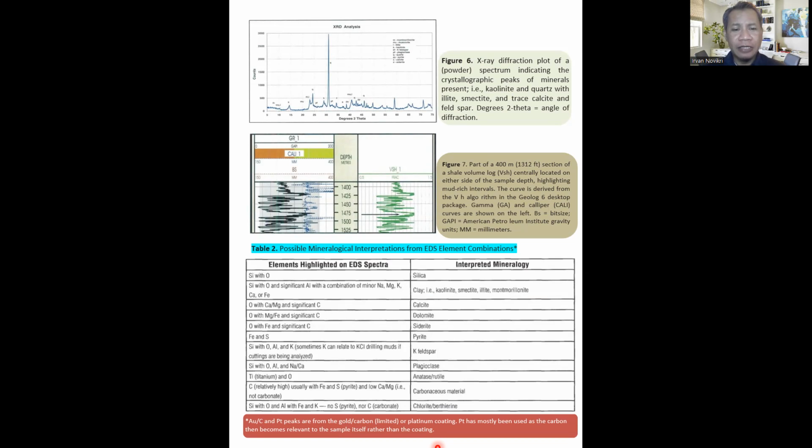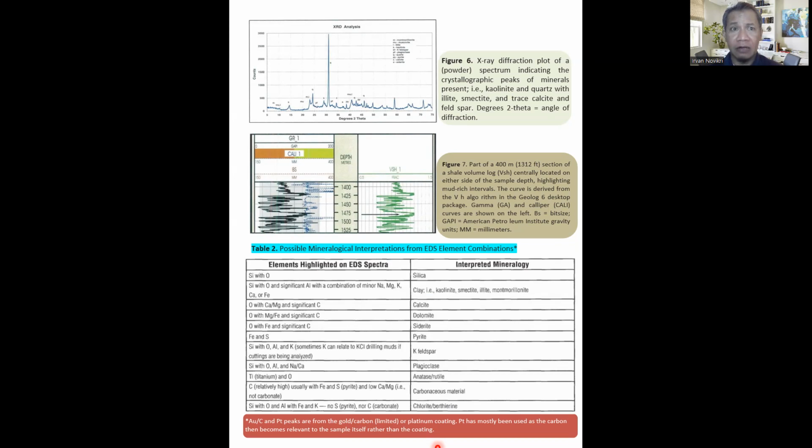The next table at the bottom provides a possible interpretation of mineralogy based on a combination of the elements highlighted in the energy dispersive X-ray spectroscopy spectrum. As an example, the presence of silica alone indicates silicon, while the combination of silicon with aluminum and a minor amount of sodium, magnesium, potassium, maybe calcium and iron suggests the presence of clay minerals like kaolinite, smectite, illite, or montmorillonite.